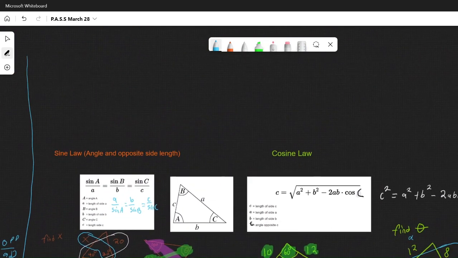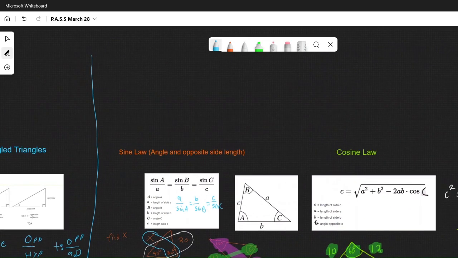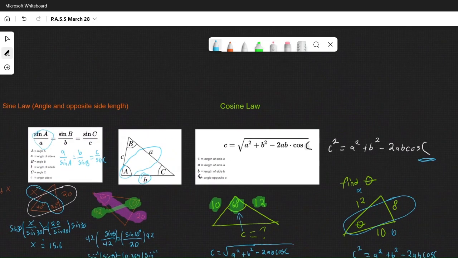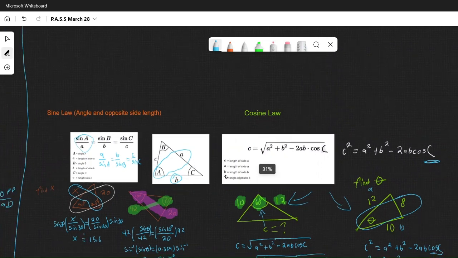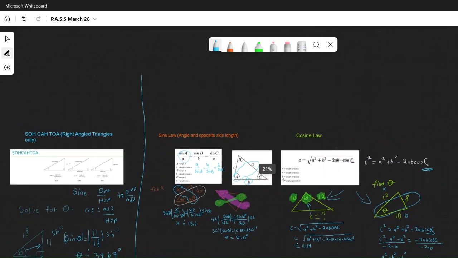And then once we enter our oblique triangles, like our triangles without a right angle, if we have pairs of angles, like say we had A and A here, and then a side length, then we use sine law using our pairs of angles and side lengths. And finally, we have cosine law when we have either an enclosed angle like this, or 3 side lengths and no angles.